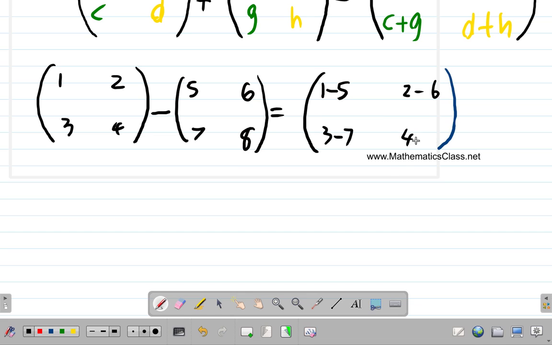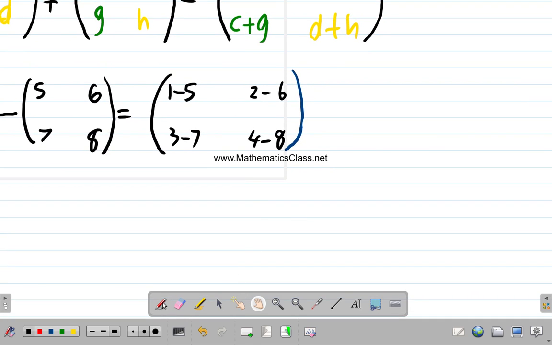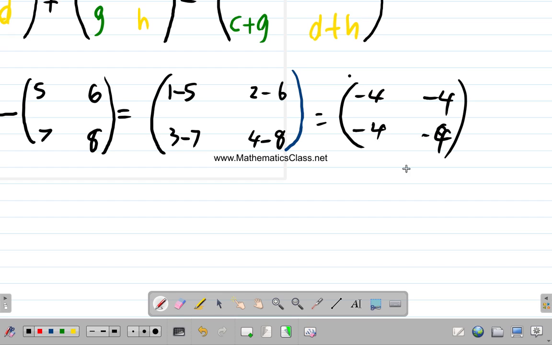You get 4 minus 8. Now, what do you have as the answer? 1 minus 5 is negative 4. 2 minus 6 is negative 4. 3 minus 7 is negative 4. And 4 minus 8 is negative 4. So, you see that. That is what we get in this case.